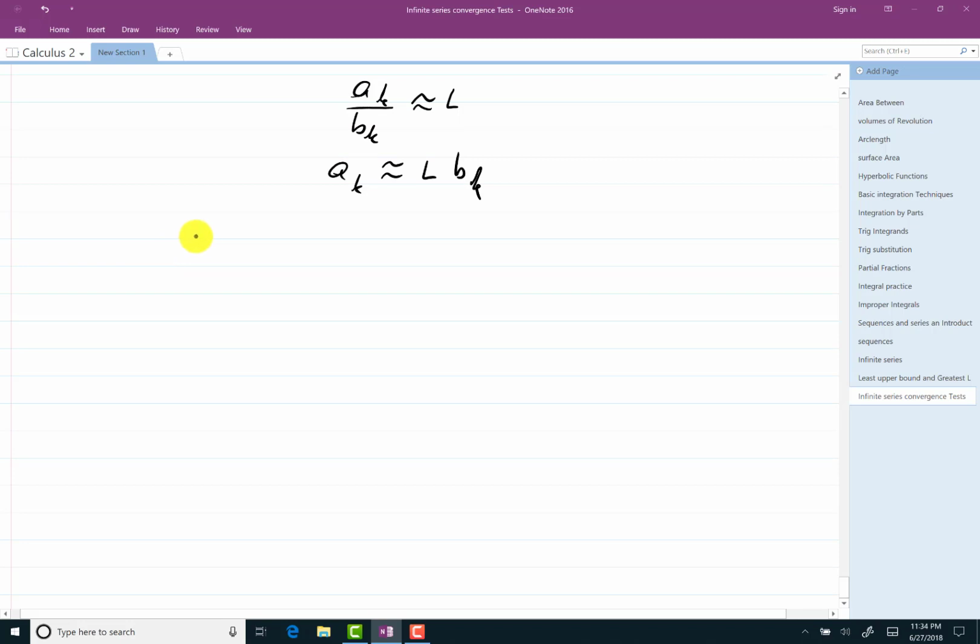And then we have the series A sub k. I don't know where it starts. Let's say it starts at 1, goes to infinity. It can start at whatever. You'll have A1 plus A2, and you'll just have A terms up until you get to the mysterious N. And then from that point on, each of these was approximately L B_k.